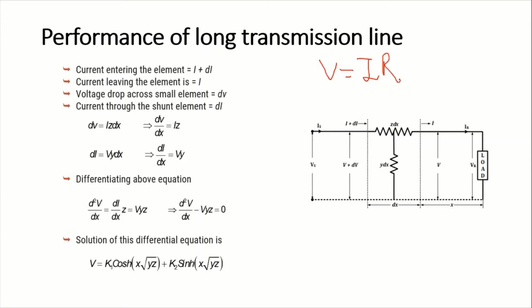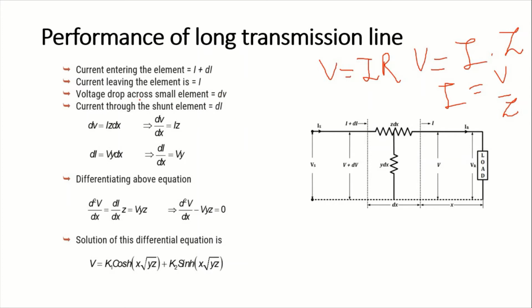Now applying Ohm's law for this small element, we know that V is equal to IR. If resistance, inductance or capacitance is present, we take an impedance instead of resistance. So we can write V is equal to I into Z for the voltage equation. From this equation we can write the current as I is equal to V by Z. Clear?